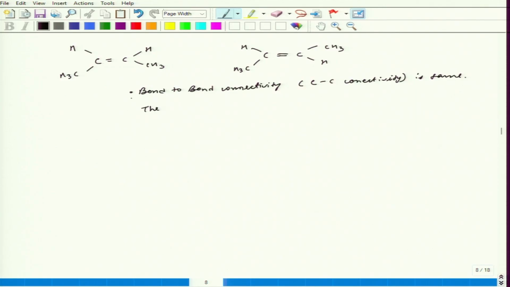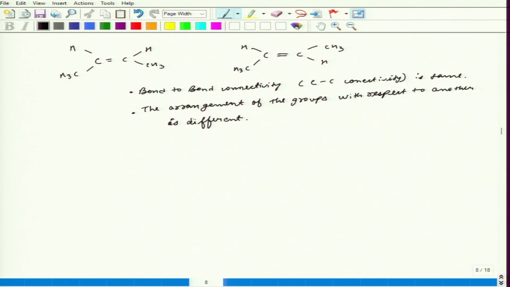The position, so the arrangement of the groups with respect to another group is different.